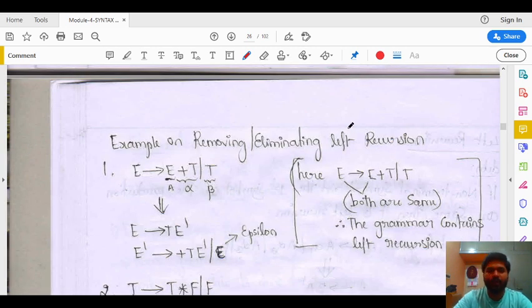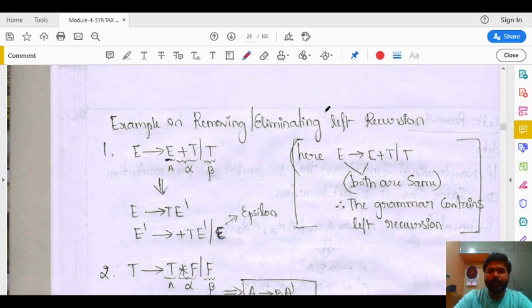We'll look into one or two examples which give you an easy understanding of eliminating left recursion. As I said, the grammar should have the same symbol on the left as well as on the right. So here I have E, which is a production that I have on the left as well as on the right.